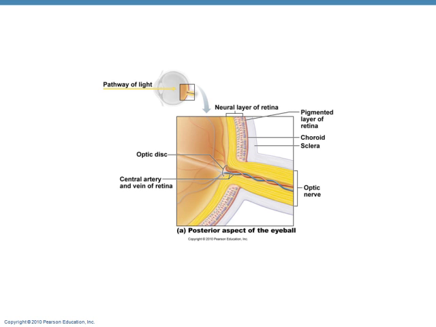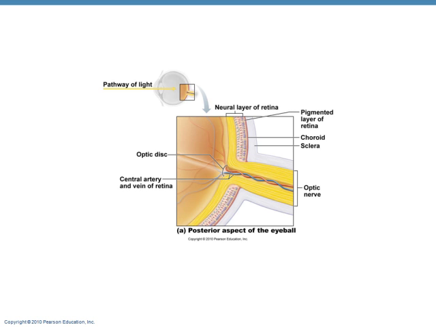Well, that place where they all come together, right in this region, are there any photoreceptors there? What do they call that? That's your blind spot. And it's kind of a little divot. When you dissect your eyeball, run your finger along that. Try not to cut through where the optic nerve is. You can feel a little hole. That's where the optic disc is. And that's your blind spot.